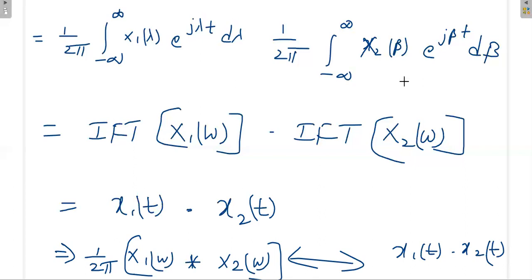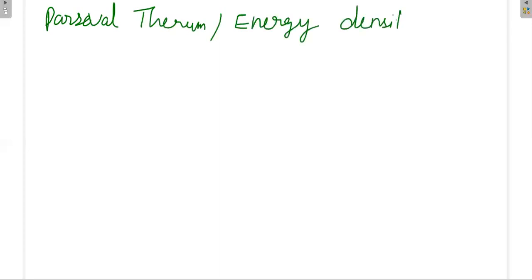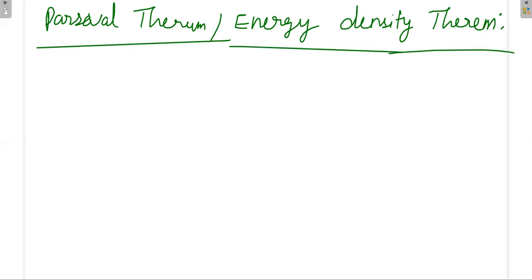So next, Parseval's theorem or energy density theorem. Parseval's theorem states that the energy or power in the signal remains the same whether we represent the signal in the time domain or in the frequency domain.